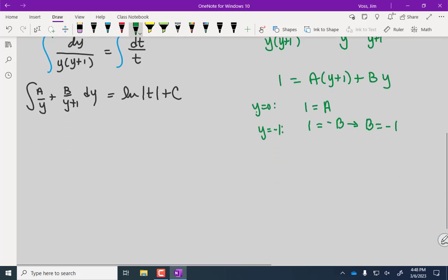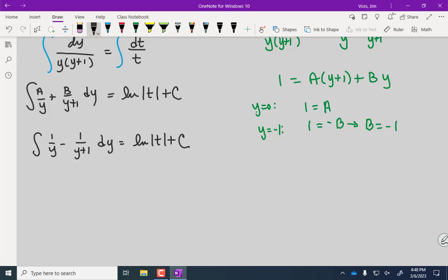So the left-hand side back over here, we have a over y minus b over y plus 1. We've already got the right-hand side integrated. And now on the left-hand side, we have two different natural logs. Both of these are in log form.